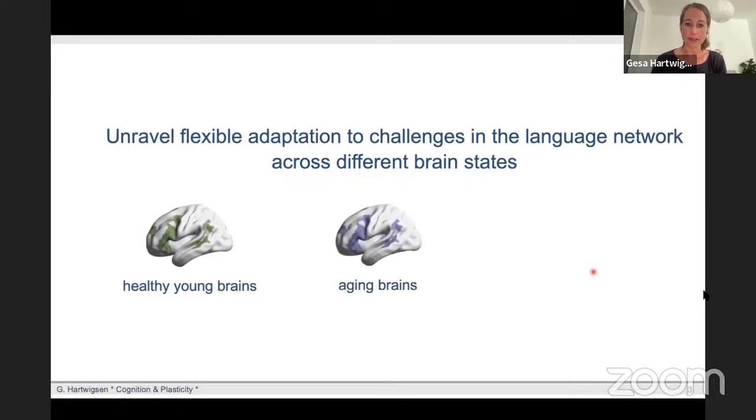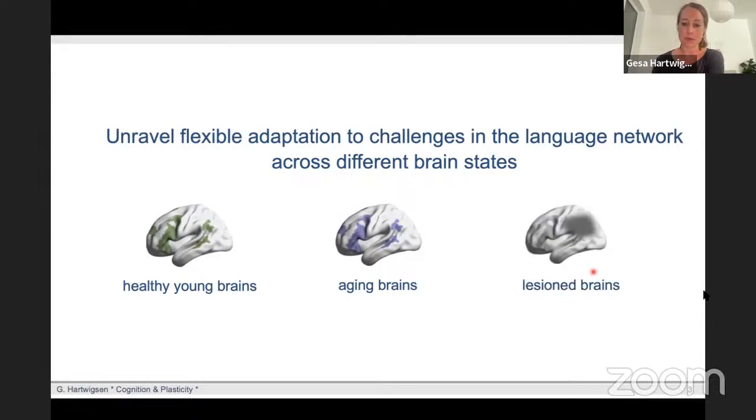with some challenges. In aging brains, we are interested in dissecting those patterns that reflect compensatory reorganization, because we know that as we age, we have some cognitive decline and the brain has to adapt to that. And we want to dissect such patterns from the decline itself, so from the so-called de-differentiation of brain networks.